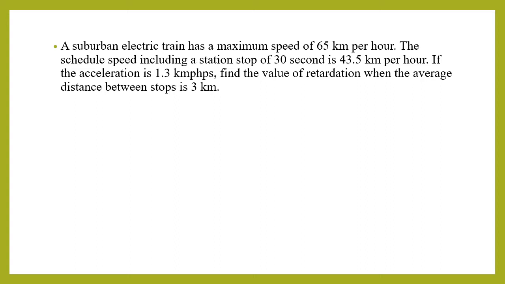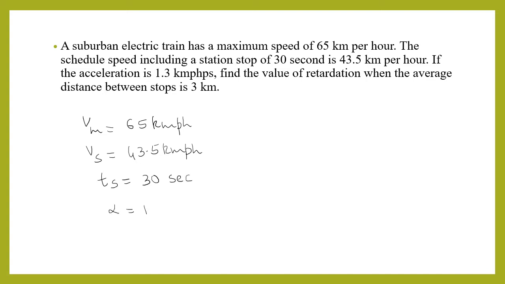So we have maximum speed Vm equal to 65 km per hour, schedule speed Vs equal to 43.5 km per hour, station stop or time of stop Ts equal to 30 seconds, acceleration alpha equal to 1.3 km per hour per second, distance between stops D equal to 3 km.